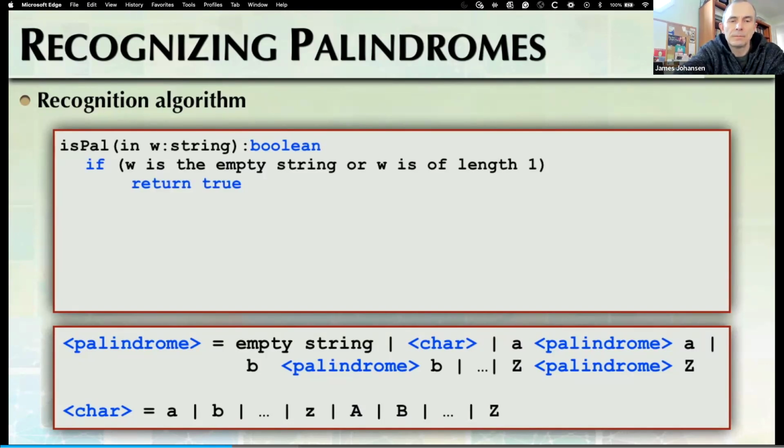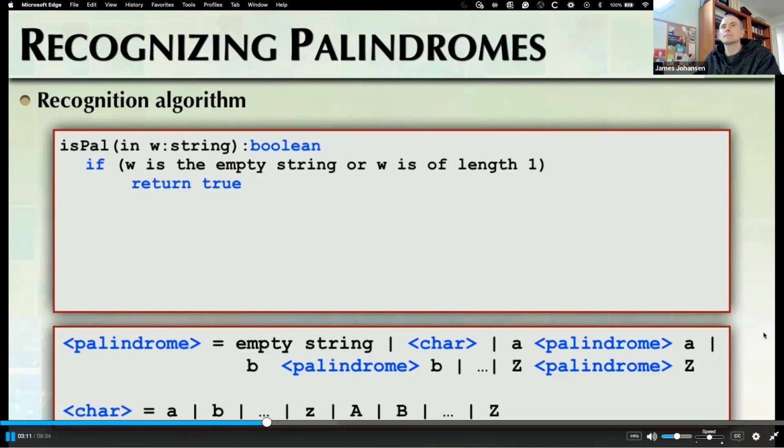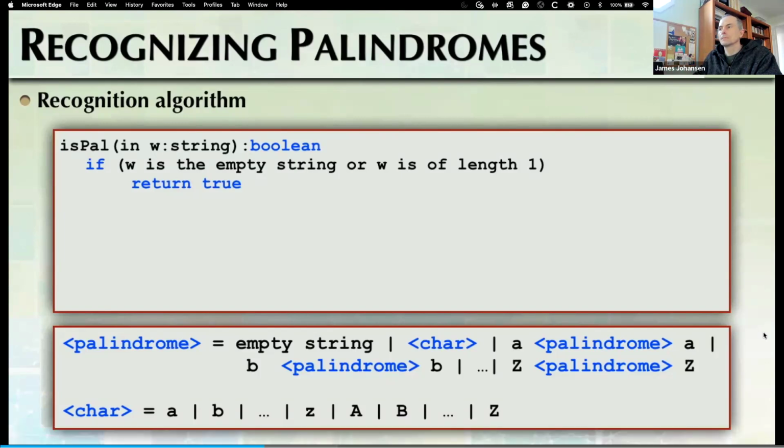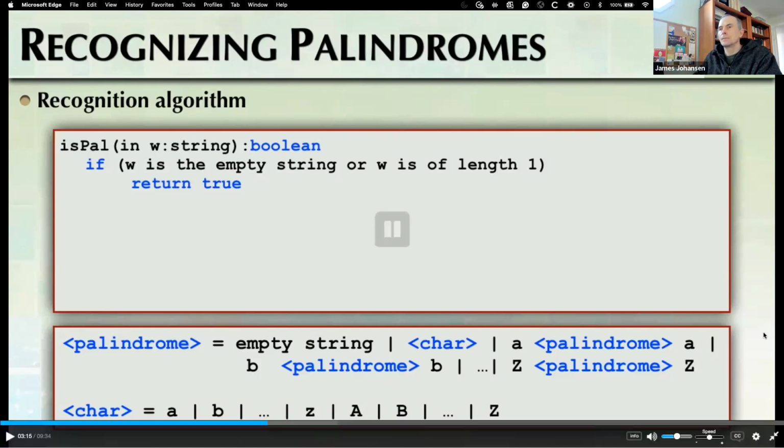Notice that if we take one character from the left of a multi-character string and one character from the right, if the string has an odd number of characters and we continue doing that, we'll eventually get down to a string of one. If our string has an even number of characters and we continually take one off the front and one off the back, we'll end up with no characters.